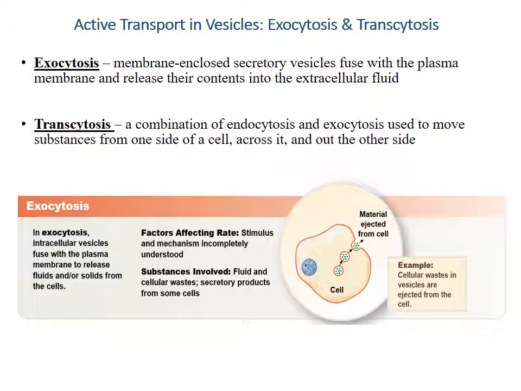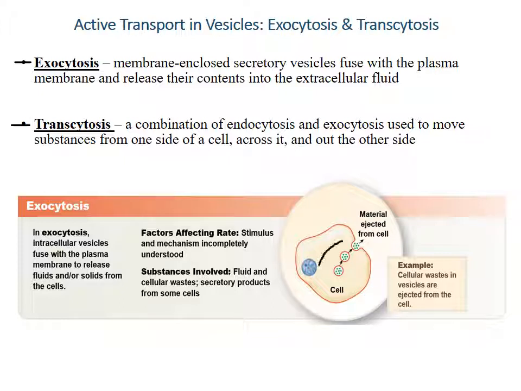This process is how we both get things out of the cell in terms of exocytosis and how we get to deeper layers of cells via transcytosis. So with exocytosis, we're simply going to create a vesicle from the plasma membrane and release those contents out into the extracellular fluid, outside of the vesicle.